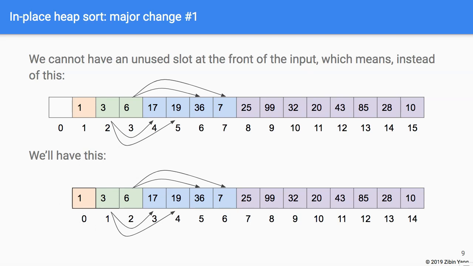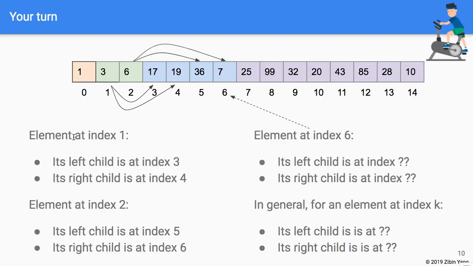So what that means in terms of code, or in terms of looking for the children of a given node, is, so you can see, right? Let's say, for example, the element at index 1, the two children of it are at index 3 and 4, right? The element at index 2, the two children of it are at index 5 and 6.